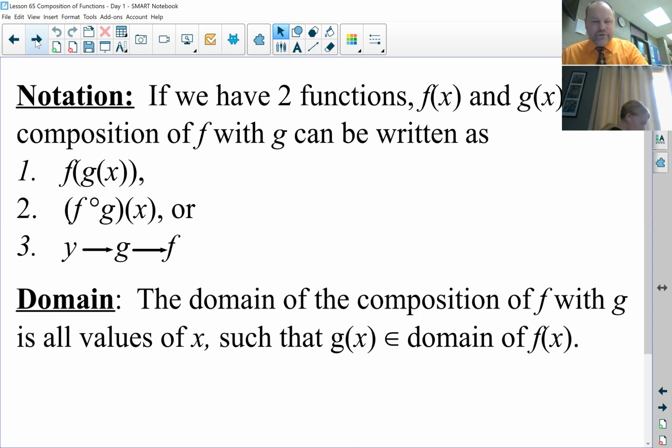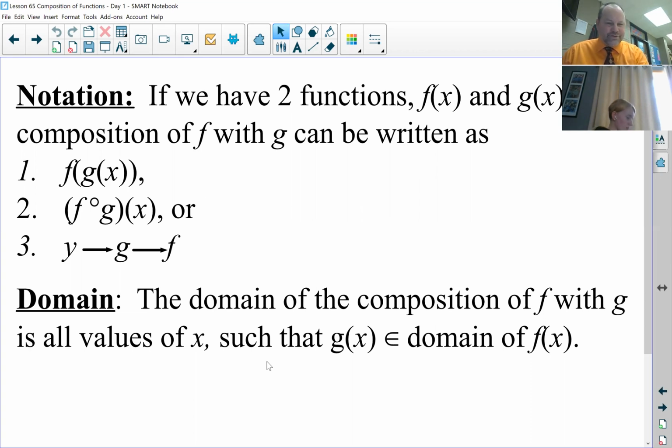So I know we've done compositions in the past, or you have in other courses. And they can be written one of three ways. And to be honest, I've never seen the third way, which is kind of interesting. But the first way, we have f and then in parentheses g of x. And then there's that circle notation, f circle g. It's actually read f composed with g of x.